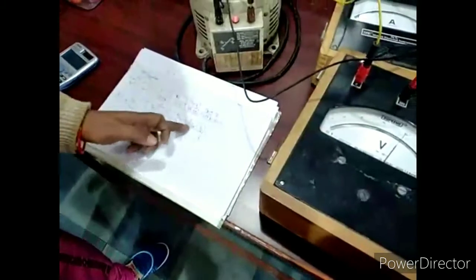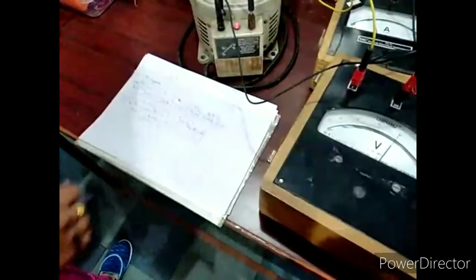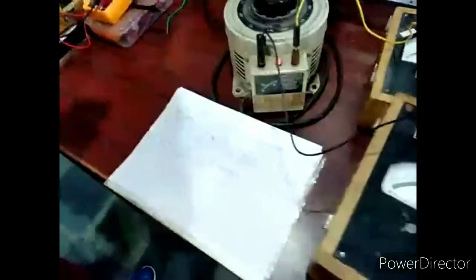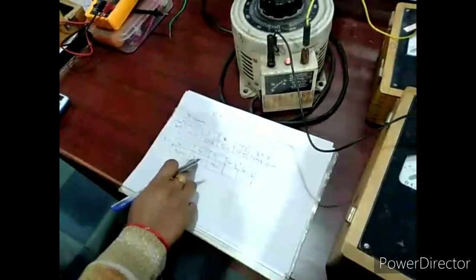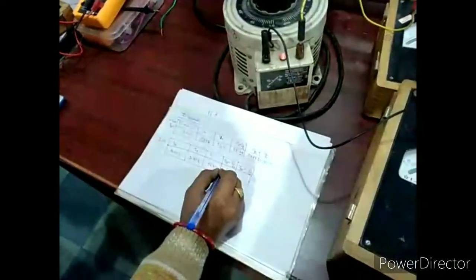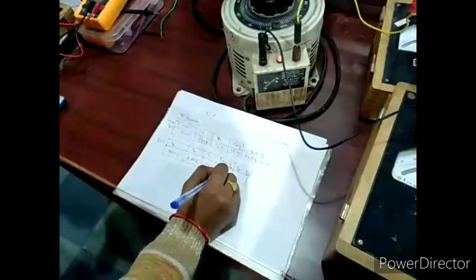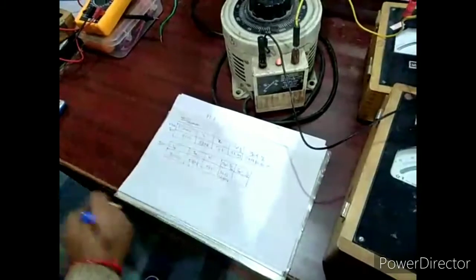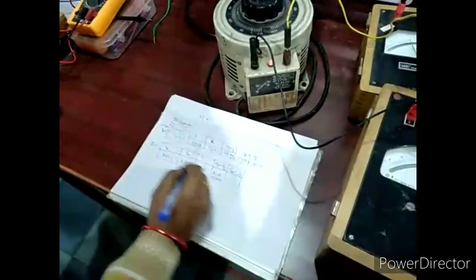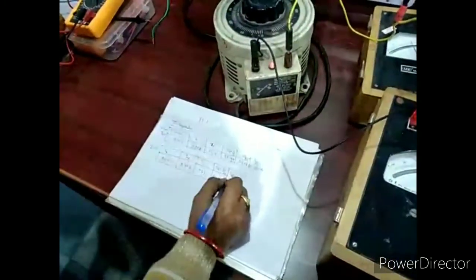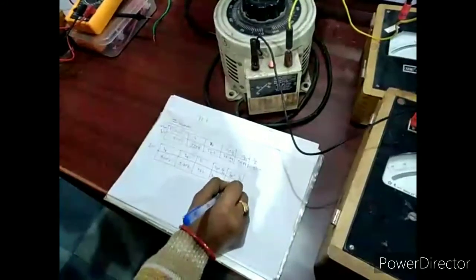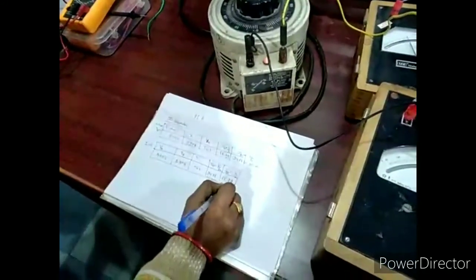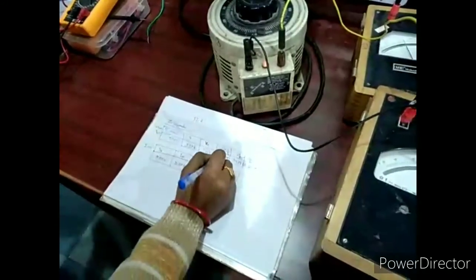Now you calculate impedance Z12 and Z22. Z12 is V1 by I2. V1 is 56 and I2 is 2.25. It gives 24.88, which is approximately equal to 25 ohm. And Z22 is V2 by I2, you get 88.89, approximately equal to 89 ohm.